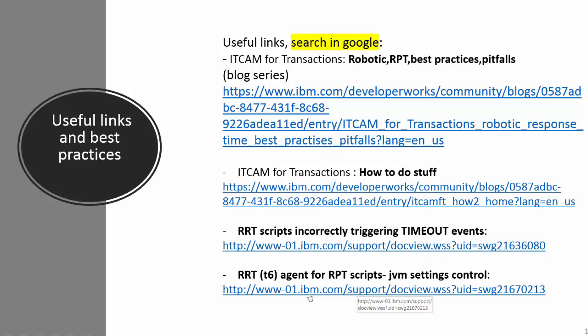And if you have some performance issue with robotic response time playback on the robotic response time agent, here is another good tech note to control the JVM max heap size of the T6 agent and of the associated runtime JVM.